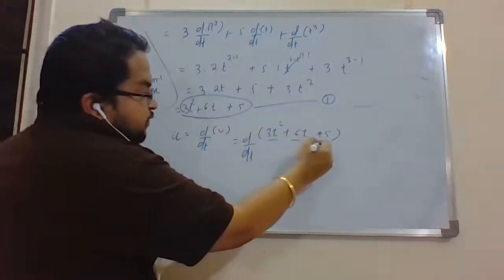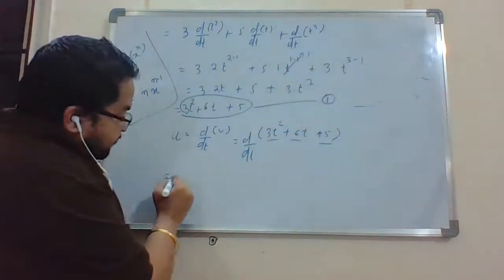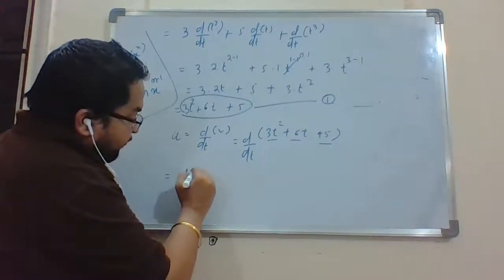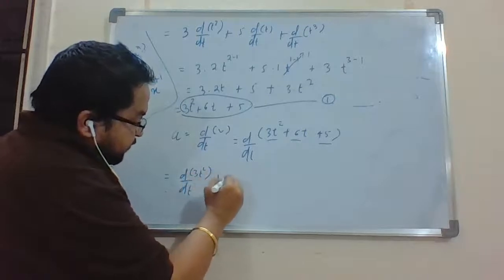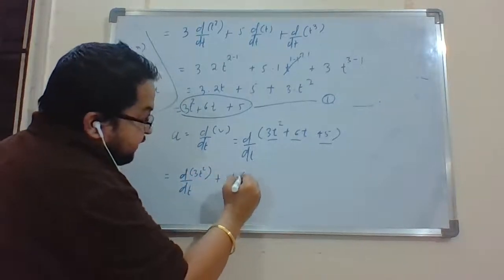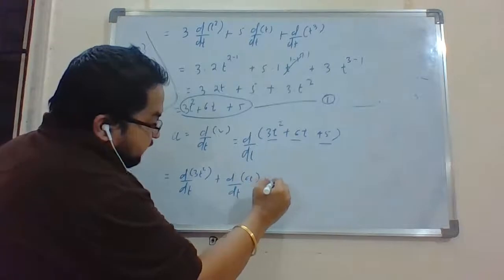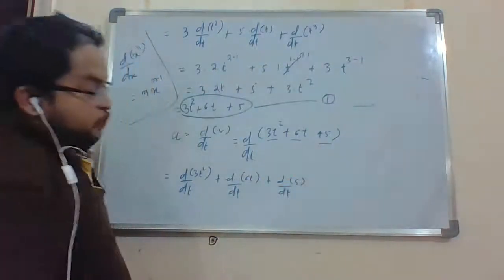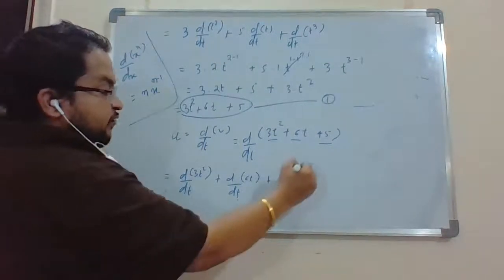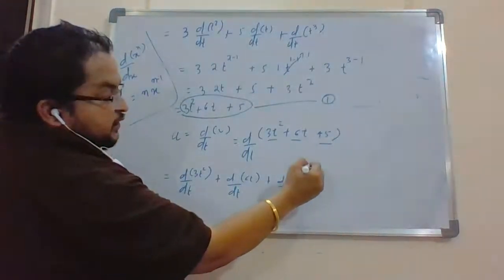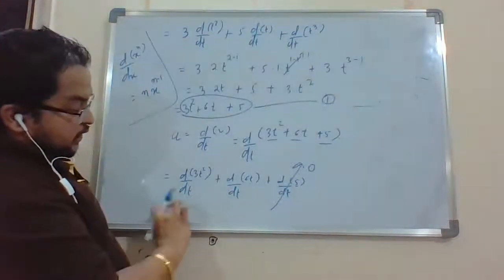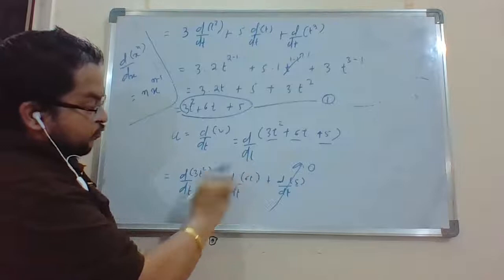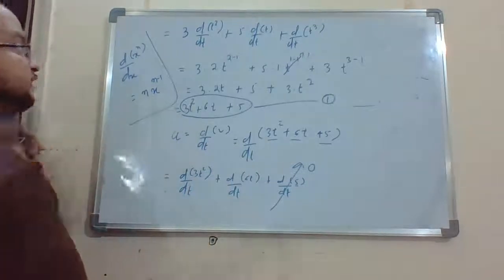All these three are separated by a plus sign, so I can separate them: d by dt of 3t squared plus d by dt of 6t plus d by dt of 5. We know the derivative of any constant, the 5 is a constant, so obviously this one would be 0. And 3 would go out of the derivative sign, 6 would go out of the derivative sign. Let's keep solving this.